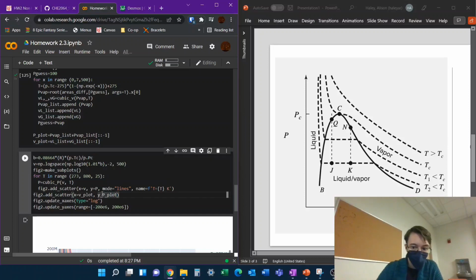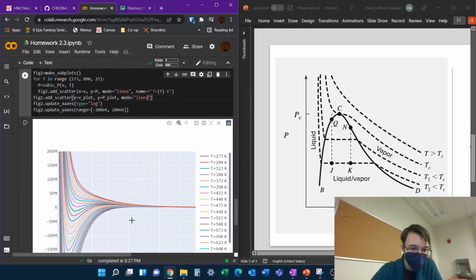That should be an equal sign, not an underscore. Okay. And then we can have our mode equal to lines, and then choose a color that is different from all of these. So maybe black, because white probably won't show up against the background.